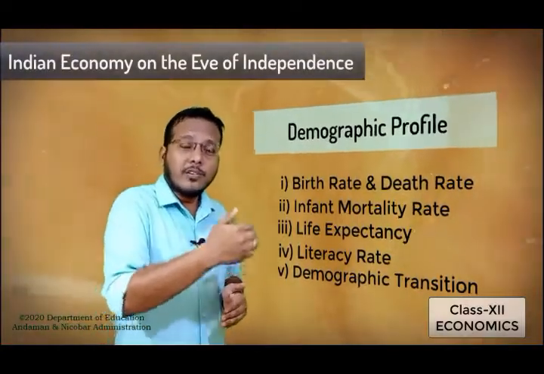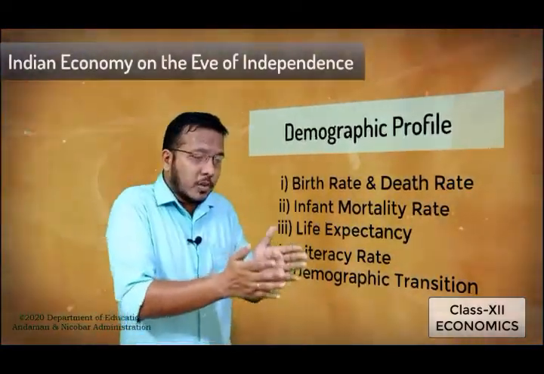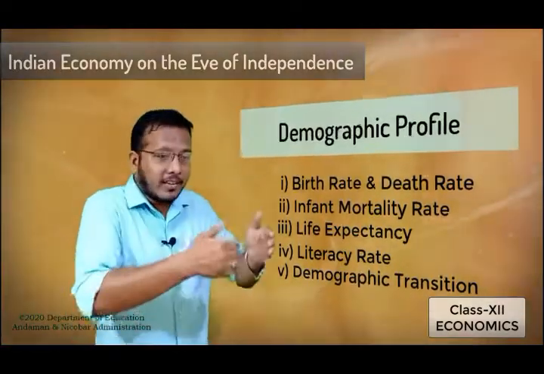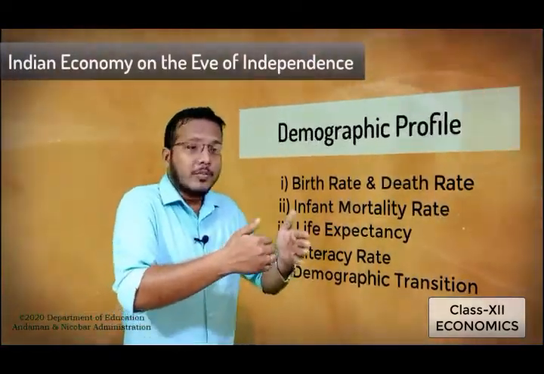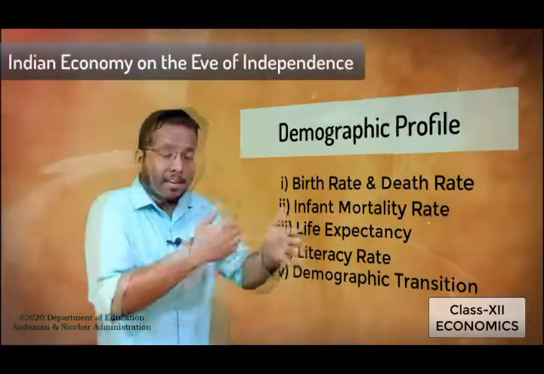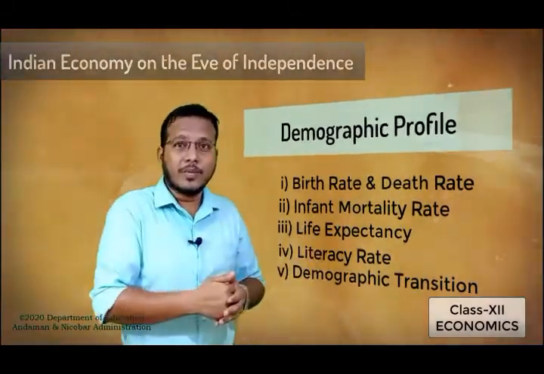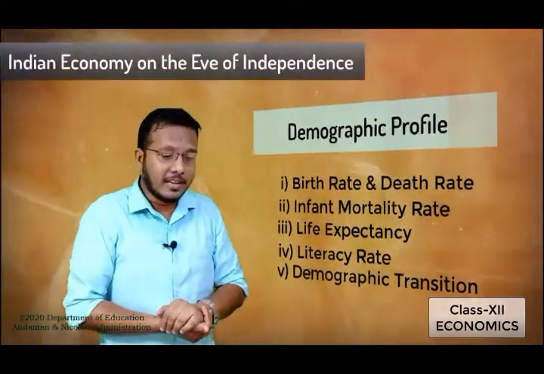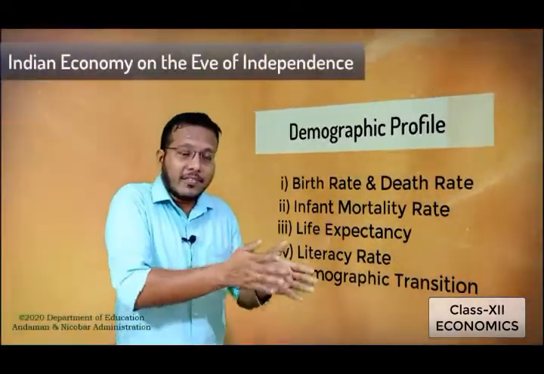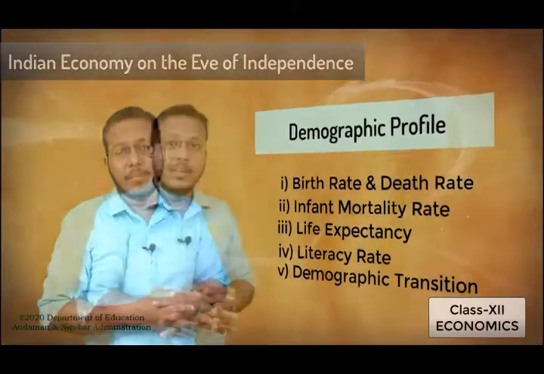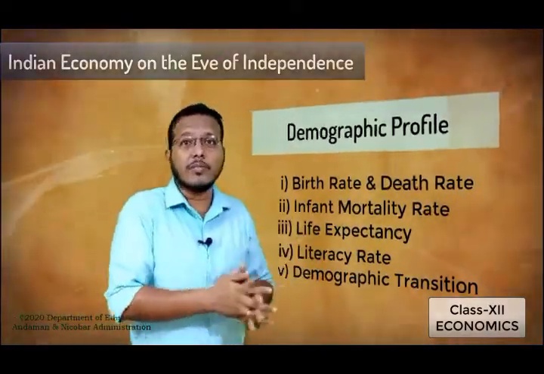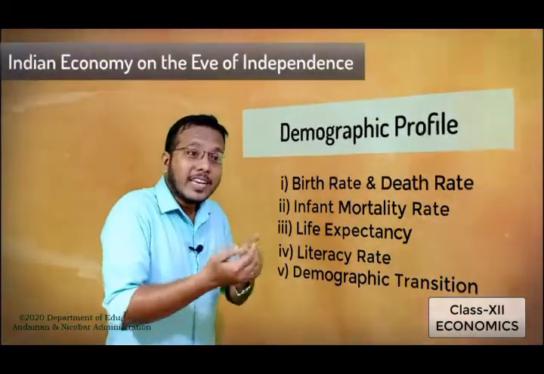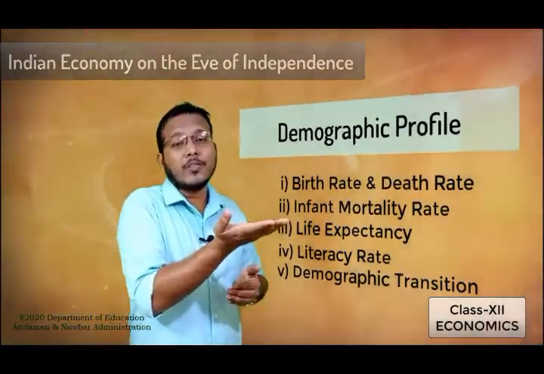Before 1921, the population growth counted by the census showed some increase and decrease at every consecutive census. The census data before 1921 shows an increase and decrease in every consecutive census. The census taken in 1931, 41, 51 shows a gradual increase in the growth rate of our population.